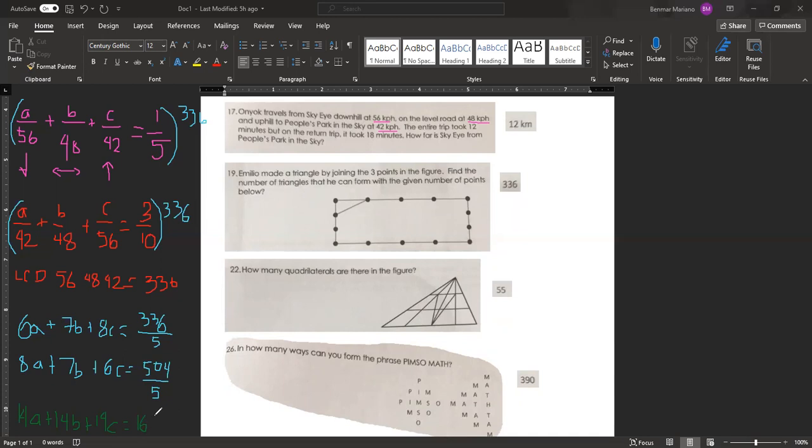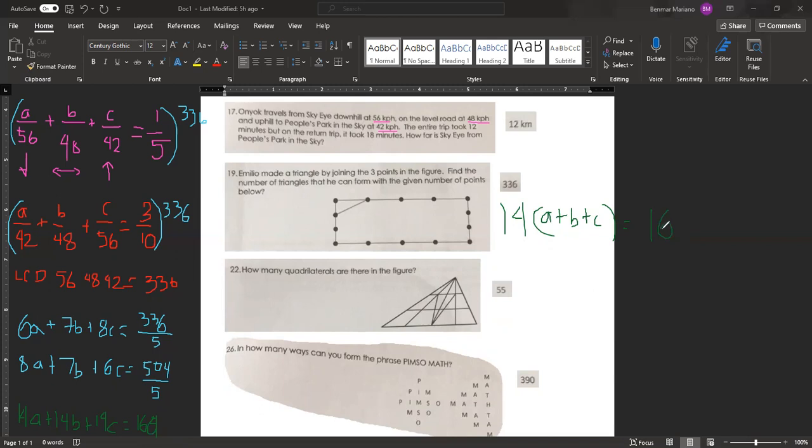On the left side of the equation, we can factor out 14. So A plus B plus C times 14 is equal to, wait, is it 168? That's 168, sorry. Is equal to 168.